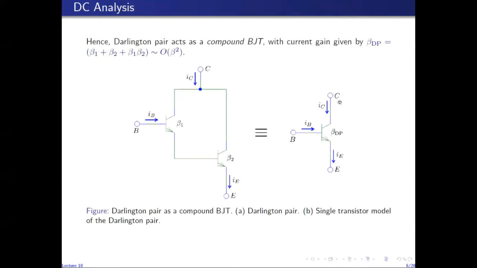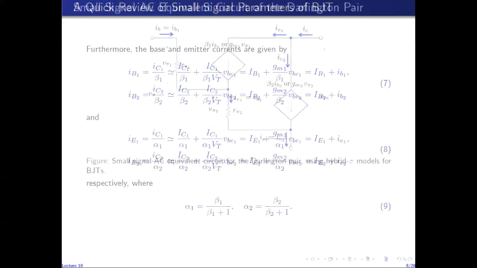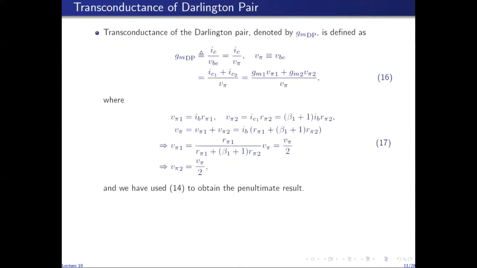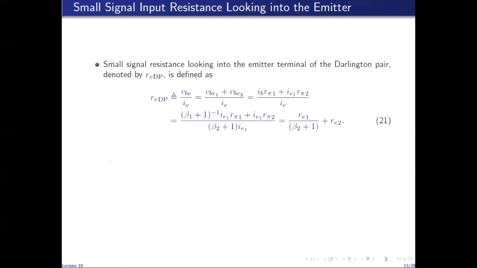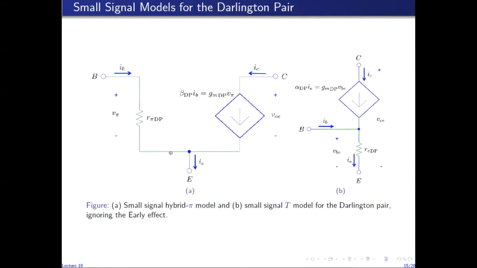You could already think here that since we are able to represent this device as a single transistor, then the small signal model of this circuit will resemble the small signal model of a transistor, because the Darlington pair just acts as a compound BJT with a high current gain. So ignoring the early effect, we get a similar model for the Darlington pair, a model which is exactly similar to that of a transistor. The only difference is that the small signal parameters R pi, GM, small re, are obviously different and are represented in terms of the small signal parameters of the two transistors.